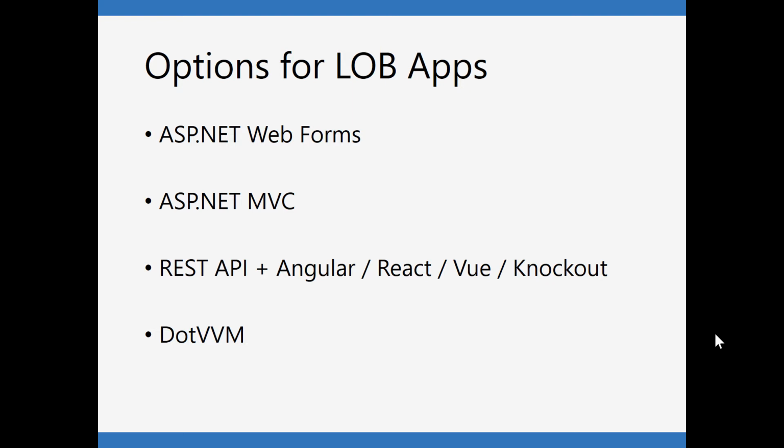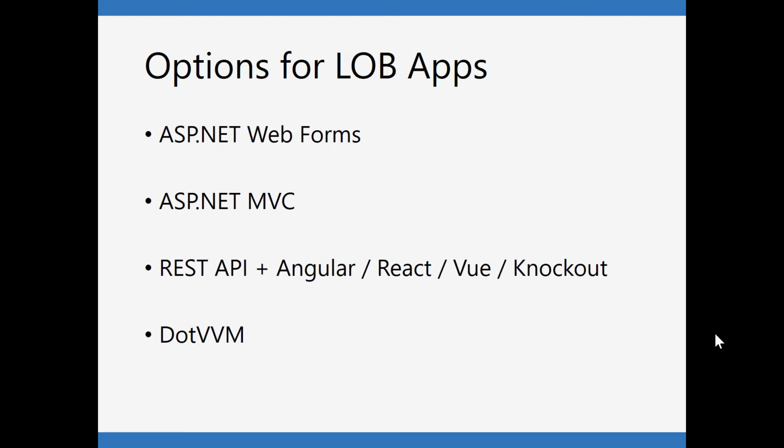You can use ASP.NET MVC. This is supported on .NET Core and gets a lot of new features like tag helpers and stuff like that. If you want to use just MVC, it can be used for simple line of business applications. But if you want anything complicated, you will need a lot of client-side interactivity.